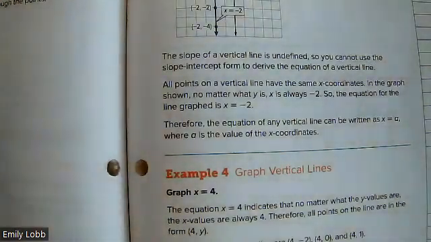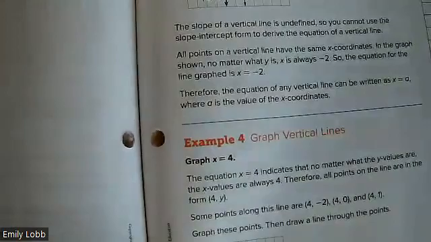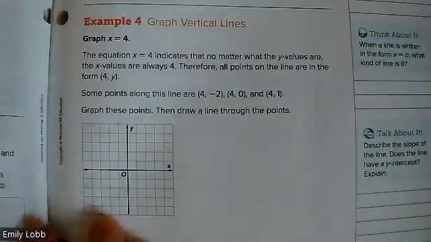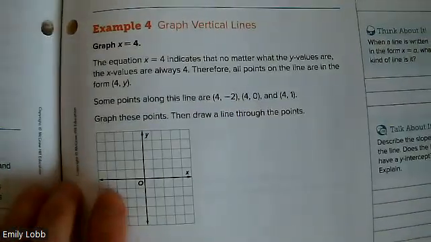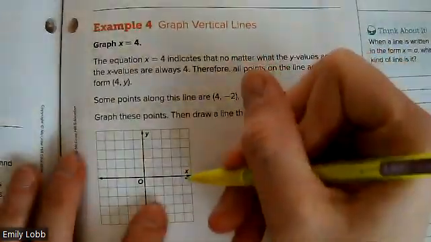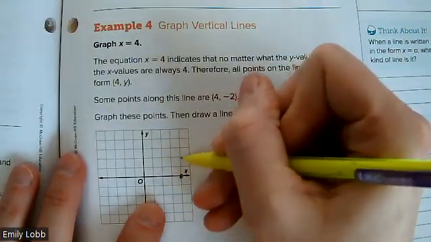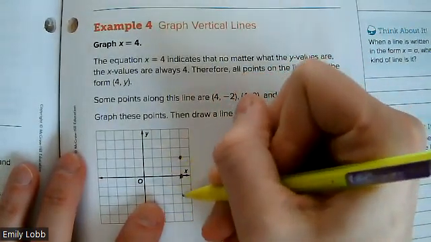All right, so graph x equals 4. So that says no matter what the y values are, x is always 4. So here, 1, 2, 3, 4, x equals 4. Here, x equals 4.